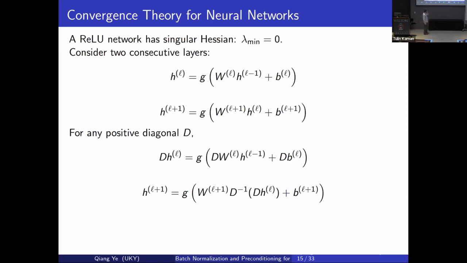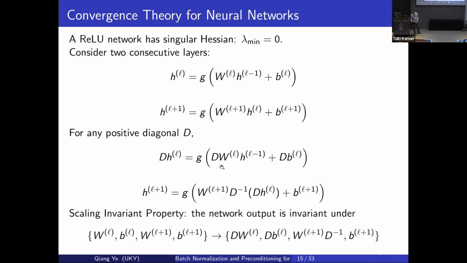Then for the next layer, with H_{L-1}, I can insert D inverse and D in between there. If you look at this network now, from H_{L-1} to H_{L+1}, and I change the two parameters, so W_L and b_L are multiplied by D, and simultaneously I multiply W_{L+1} from the right by D inverse, then this network will produce the same outcome as the other network.